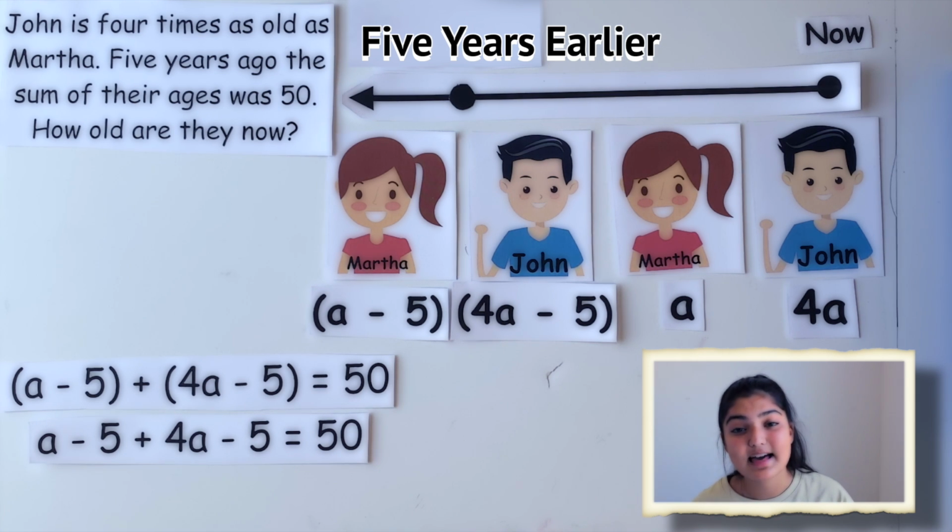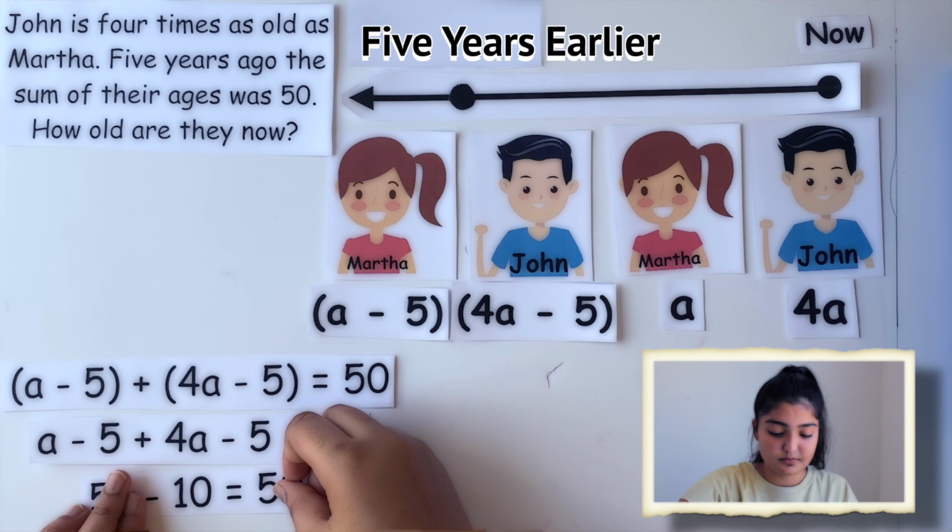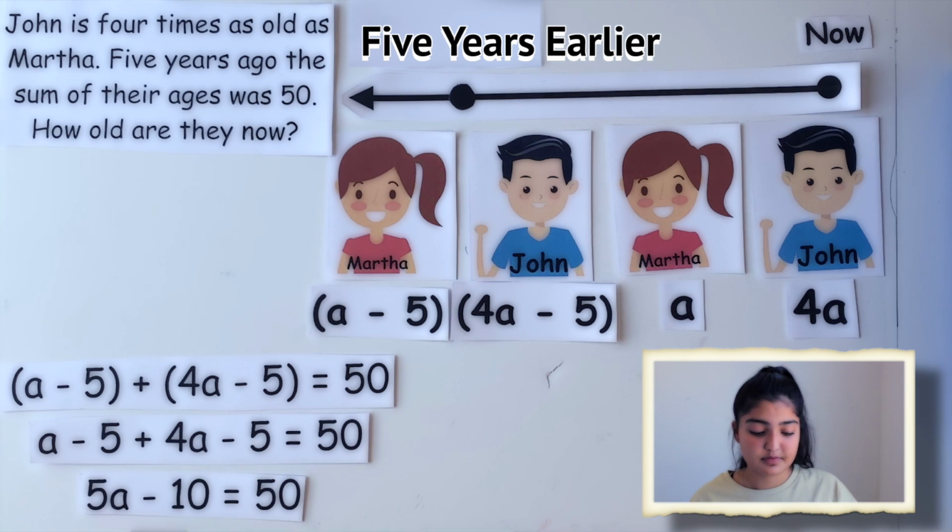So now, let's combine like terms on the left side of the equation. A plus 4A is 5A, and negative 5 minus 5 is negative 10. 5A minus 10 is equal to 50.